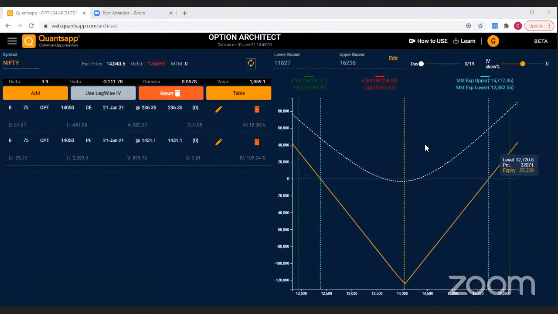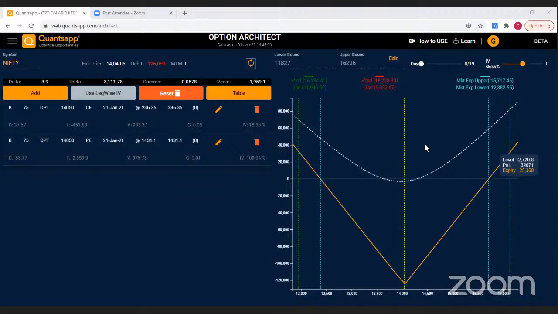Implied volatility is also one of the important factors in options. Volatility has a direct relationship with the option. If volatility is increasing or spiking up, option premiums are also going to change.